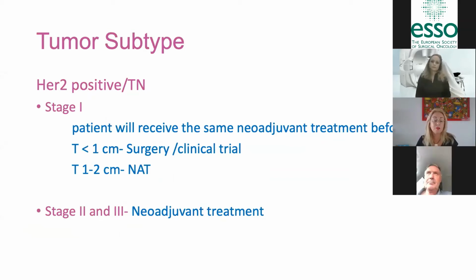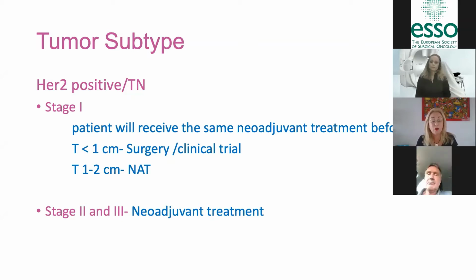Sometimes the difficult decision about whether to give neoadjuvant treatment is when the tumor is less than 1 centimeter and sometimes between 1 and 2. In these cases, we need to consider whether the patient will receive the same treatment before and after, and then we'll give it before, because in the HER2 positive patients, and also in the triple negative, you can change the treatment depending on the response.